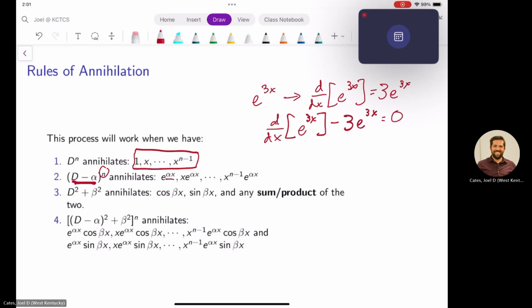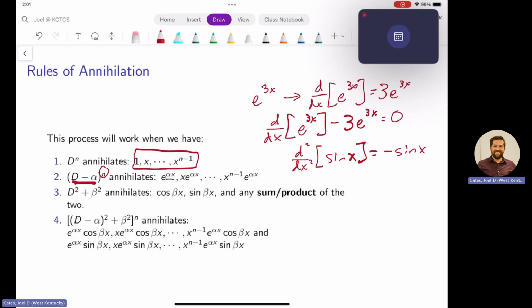Now, if we've got something that's got sines and cosines, well, think about the second derivative of sine. That is a negative sine, right? Two derivatives gets me there. Two derivatives of cosine gets me negative cosine.